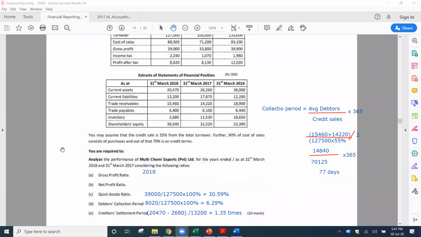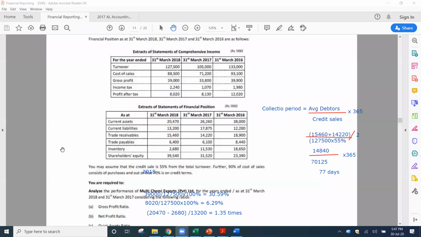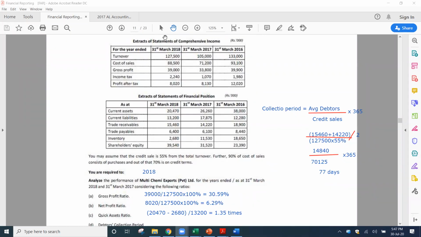Then the last one, creditor settlement period. That equals average creditors divided by credit purchases into 365. Average creditors means opening plus closing divided by 2.